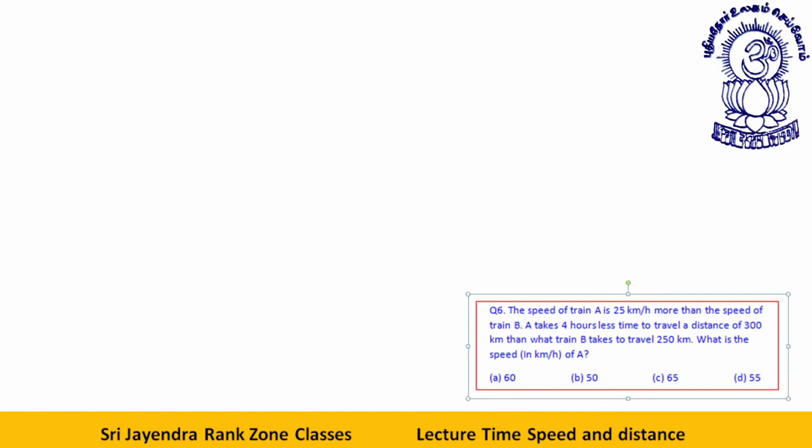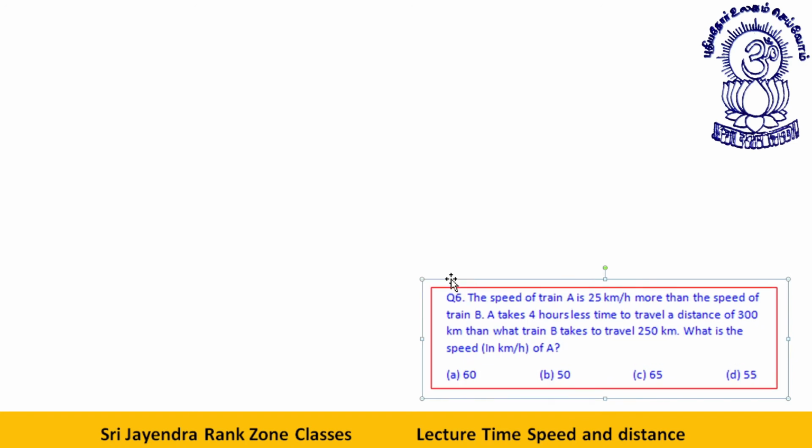Try to do it yourself. The speed of train A is 25 km per hour more than the speed of train B. It takes 4 hours less time to travel a distance of 300 km than what train B takes to travel 250 km.